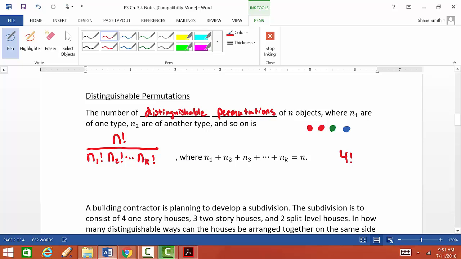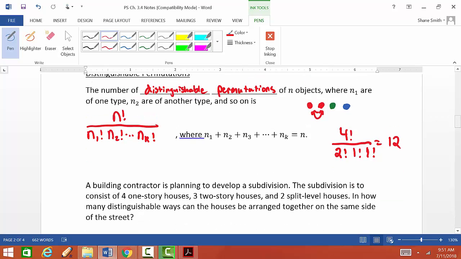But I'm going to divide out 2 factorial for the red balls, and I don't really need to worry about the 1 factorial and the 1 factorial because it's 1. But my point is that if I switch a red ball with a red ball, does that look any different? And it doesn't. So really, this would only be 12 different permutations because I have 2 objects of the same type. And that's the kind of thing that we're talking about in this case.